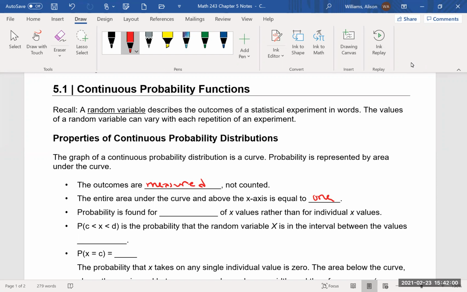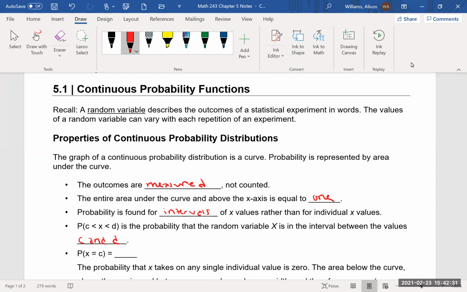Okay, probability is found for intervals of values rather than individual x values. So right below here is an example. Finding the probability as x is going between C and D is the probability that the random variable x is in the interval between the values of C and D. That's how we say that. If x happens to equal C, we cannot find that.